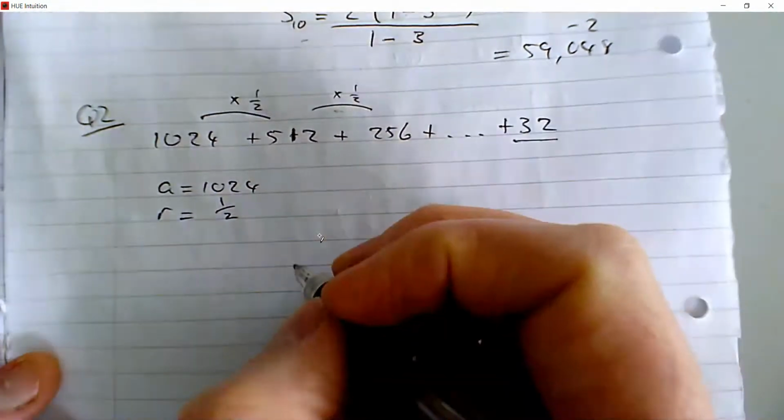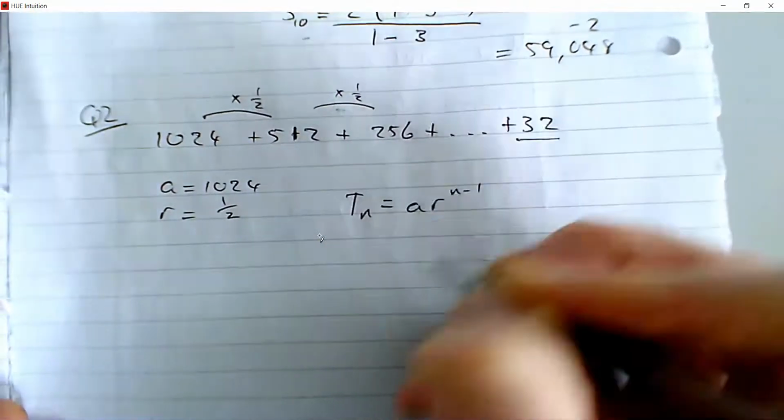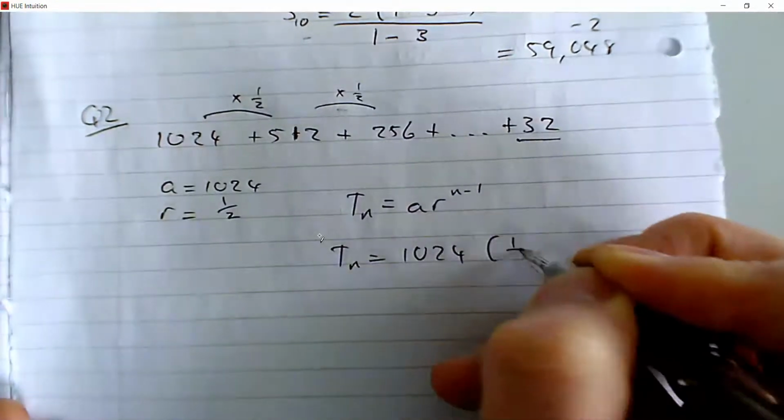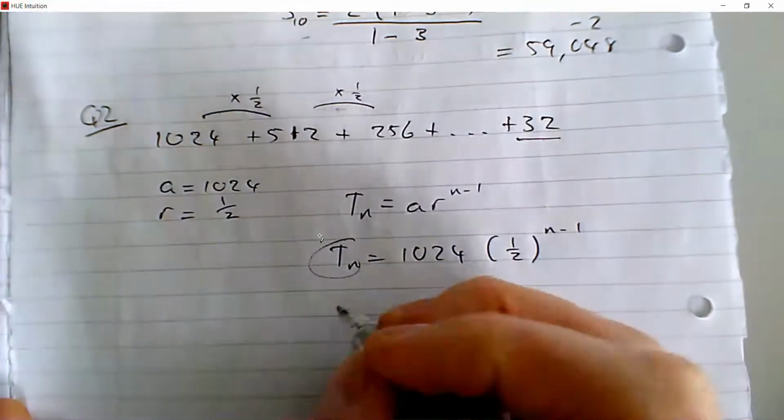So 32, where does that fall? If Tn is ar to the n minus 1, for us Tn is 1024 times 1/2 to the power of n minus 1, and our nth term is 32.